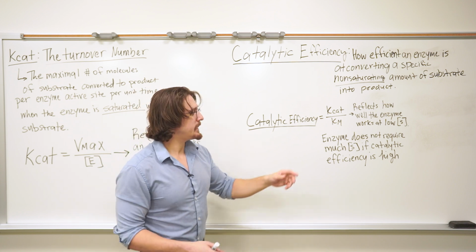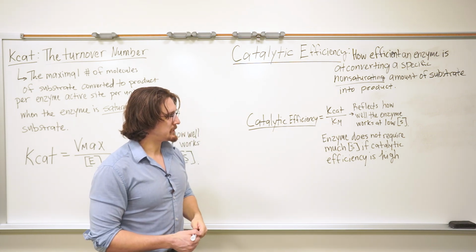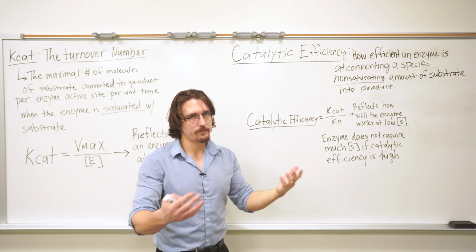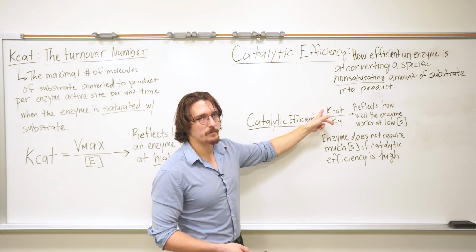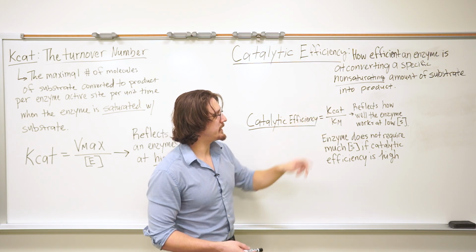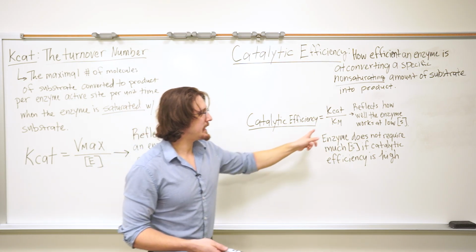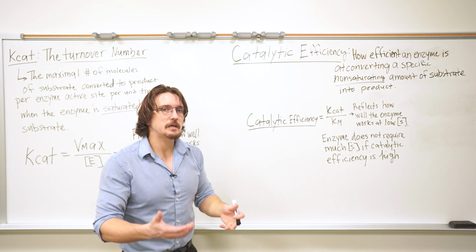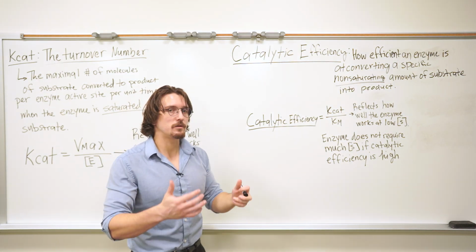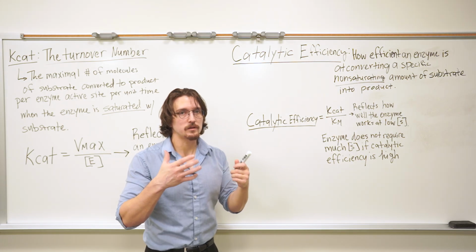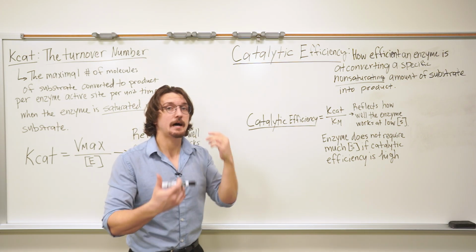Now recall, Km is related to the affinity of the enzyme for the substrate. So if we assume we have two enzymes, and it just so happens that the kcat, the turnover number, is the same for both, but their Km is different. One enzyme has a higher Km and the other has a lower Km. Remember, a higher Km means a lower affinity for its substrate, and a lower Km means a higher affinity.